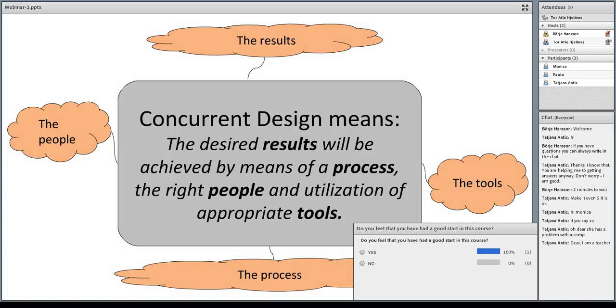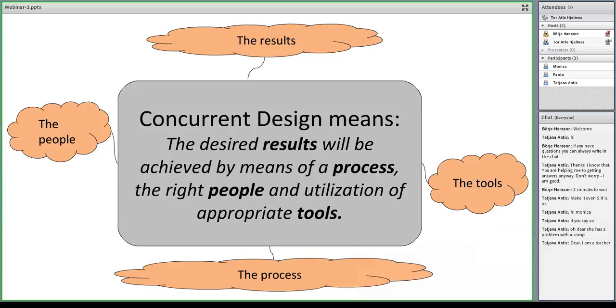Concurrent design means the desired result, that means the business plan, will be achieved by means of a process, the right people, and utilization of the appropriate tools. The result, like I say, is the business plan. The process is a process that we suggest, and we will come back to that later, and we will also use the Osterwalder canvas model.